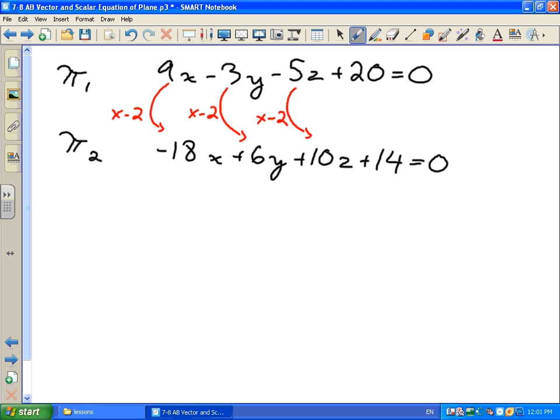So the normals are scalar multiples of each other, but if I multiply by negative 2 here, I don't get 14. So it doesn't work here. The normals are scalar multiples, but the equations of the planes are not scalar multiples. So we can say that k times P1 does not equal P2, so they are not coincident.